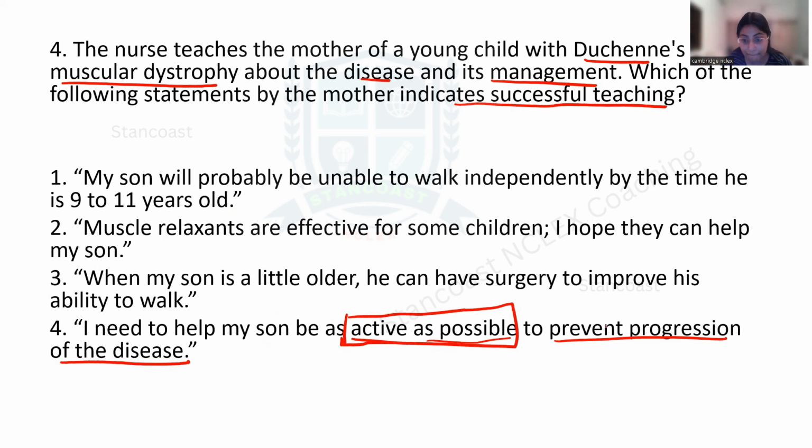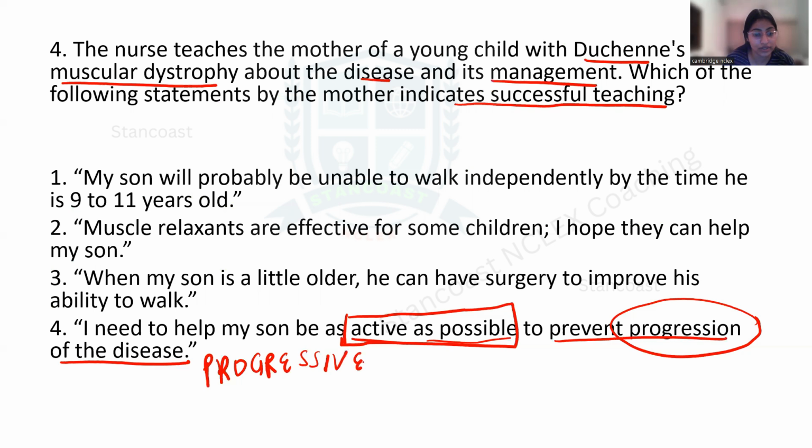But talking about progression of disease, being active will not decrease progression. Duchenne muscular dystrophy is surely a progressive disease. As there is no cure for this disease, it cannot be at a stable point. It will always be progressive. So this is not a correct statement that a mother should give.